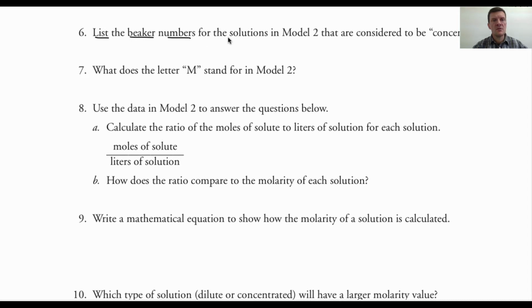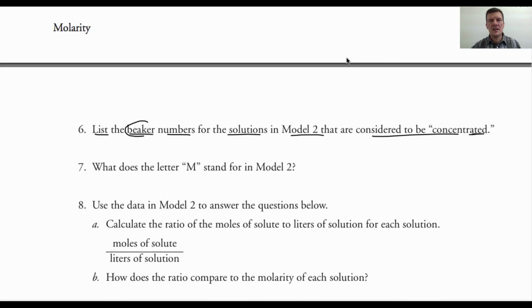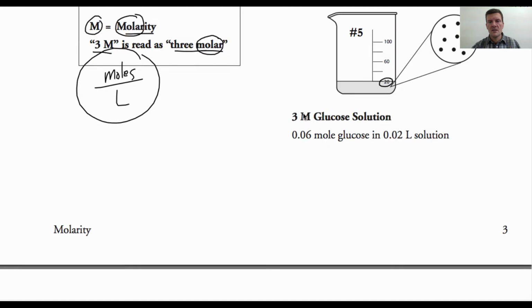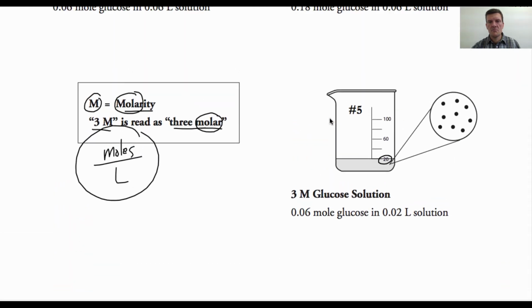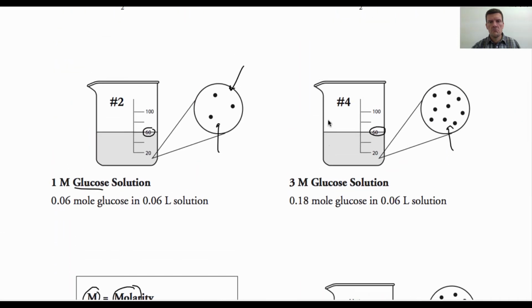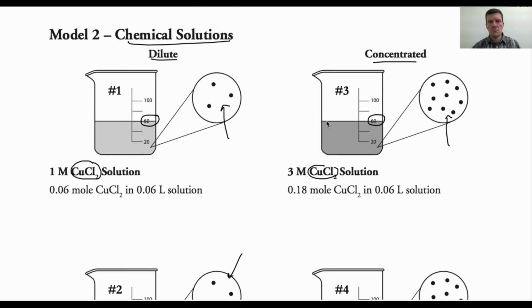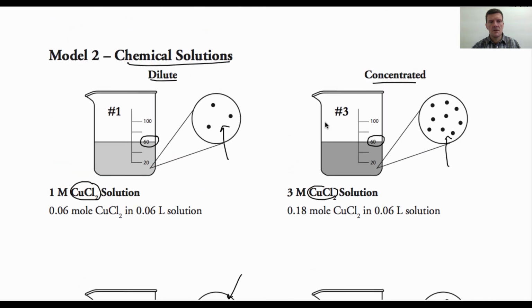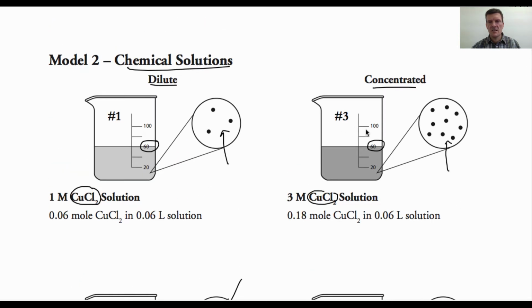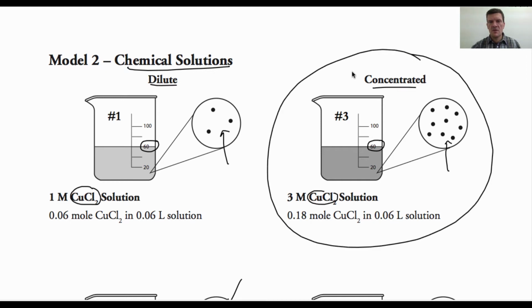List the beaker numbers for the solutions in Model 2 that are considered to be concentrated. So we're going to look at the beaker numbers that are considered to be concentrated. Well, it looks like concentrated would be number 3.